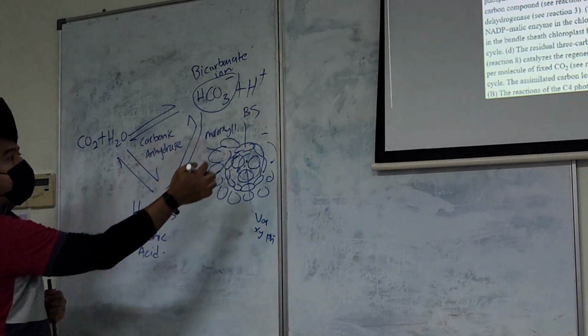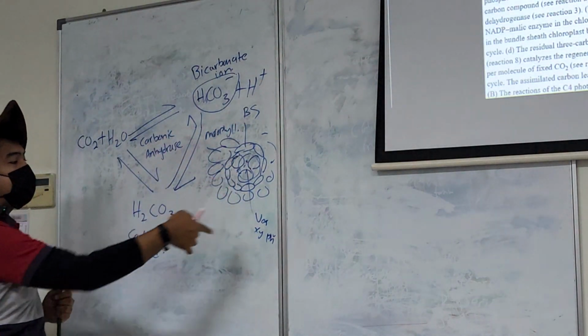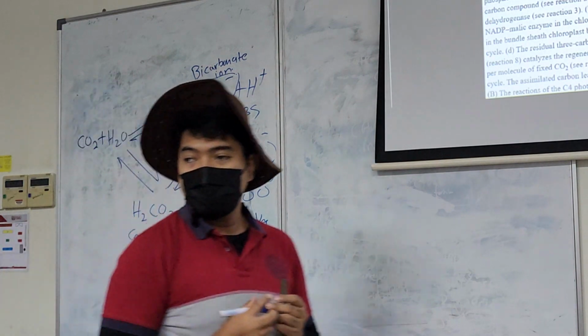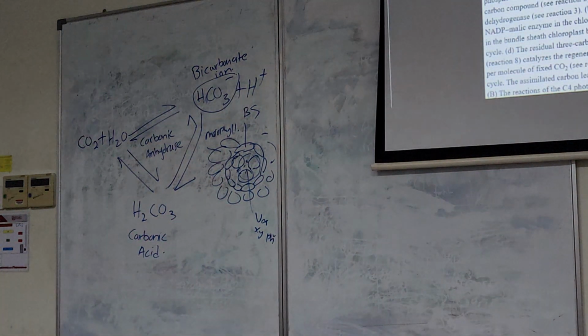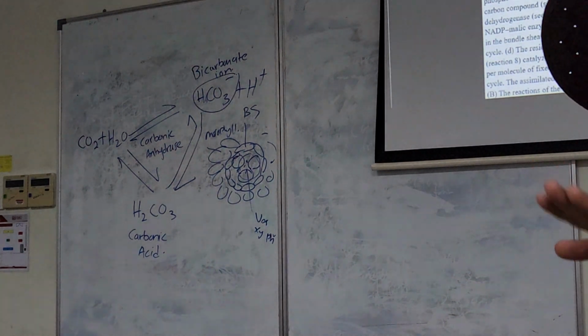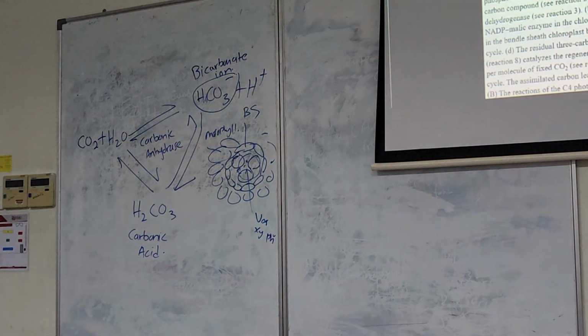So the key point here is bundle sheath is right next to the vascular bundle. Because the Calvin cycle that you are familiar with is happening in the bundle sheath cell, not in mesophyll cell. Remember, okay, you're not dealing with C3 now, this is C4. So the situation is special. It's a bit unusual.